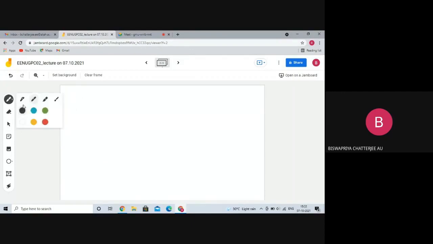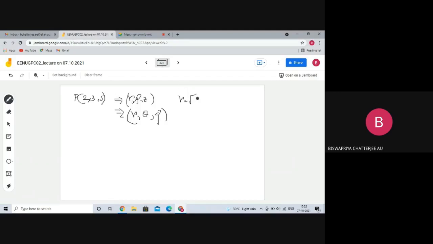Let us say any point P is given as (2, 3, 5). How can the point be transferred into r, phi, z form, or into r, theta, phi form, or vice versa? r is equal to root under x square plus y square, phi is equal to tan inverse y by x, and z equal to z.